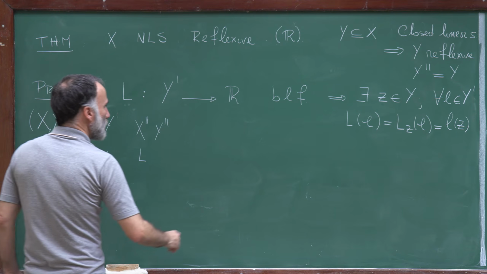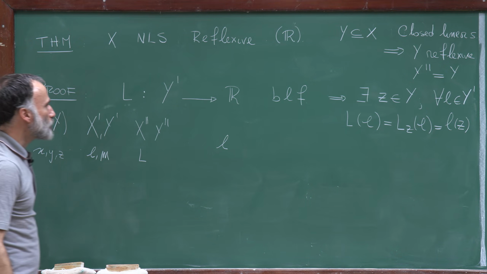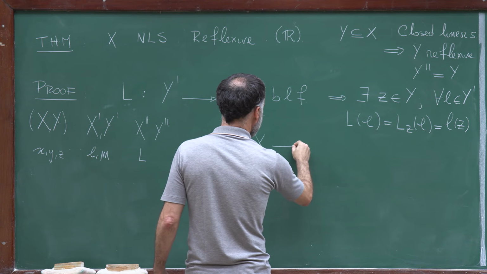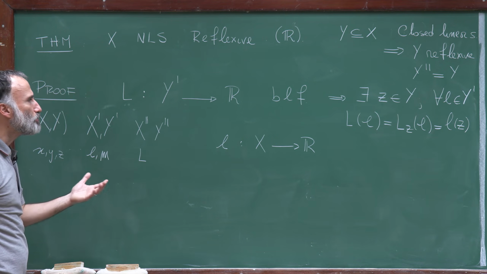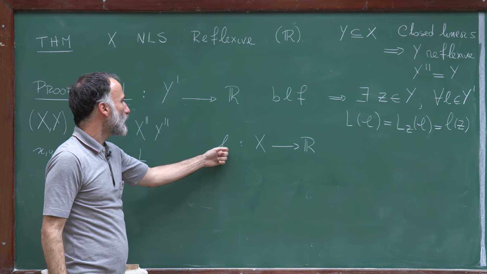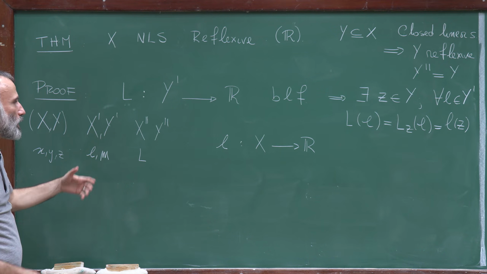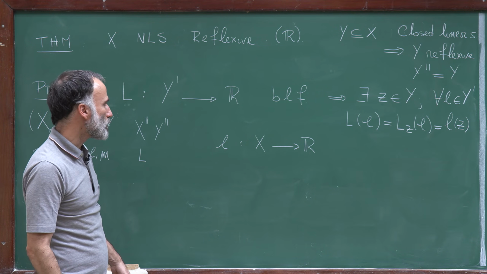So now if I have a functional l, which is defined on X, which is a bounded linear functional, and I won't repeat that every time I write either small l, capital L, or m, meaning bounded linear functionals, just the space is changing in which they are defined.